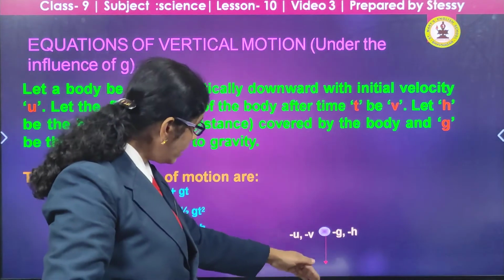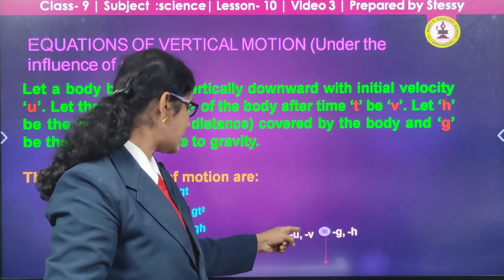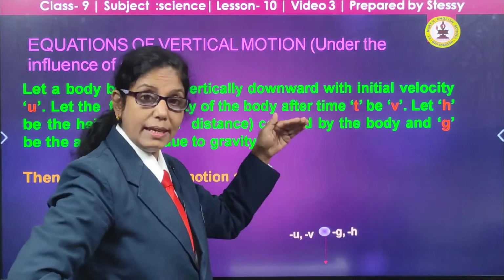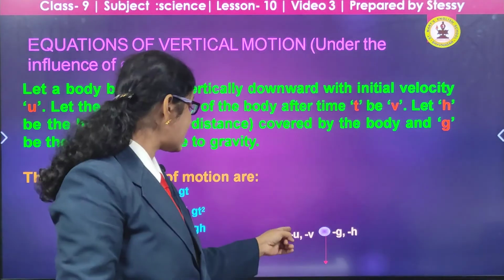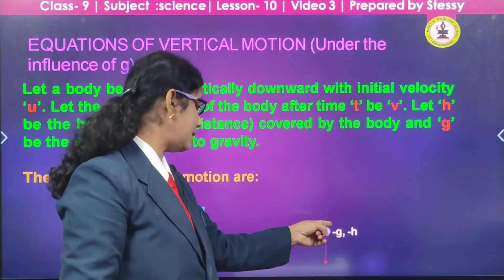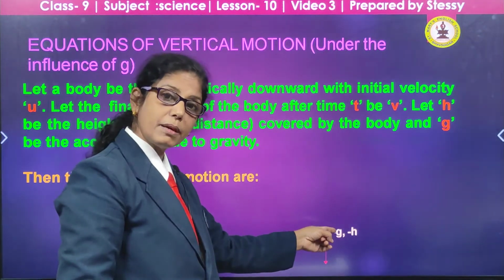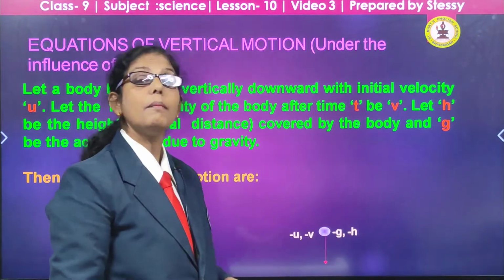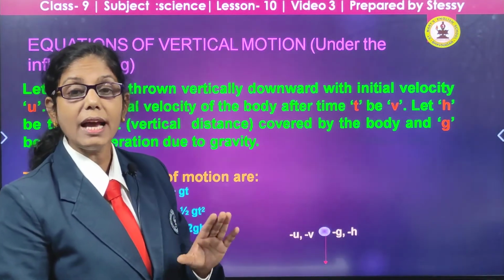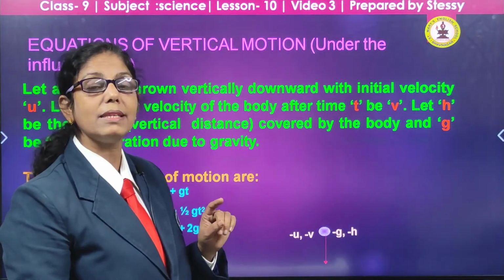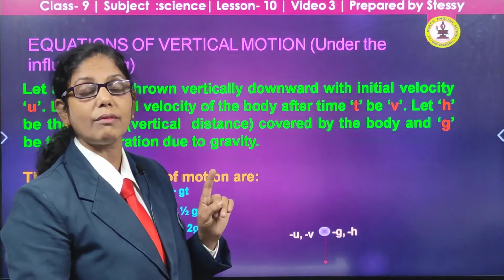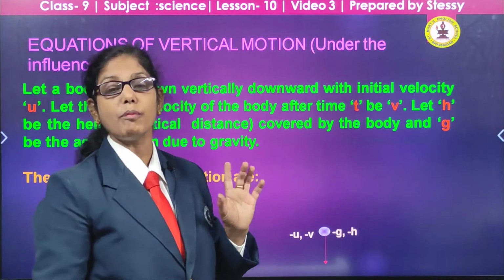So when the body is falling vertically downwards, everything comes in the negative y-axis. As a result, u, v and a become minus, a is minus g, and s becomes minus h. We are going to make these substitutions in our equations of motion.